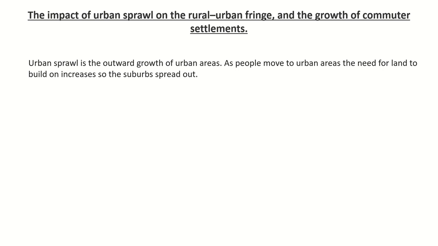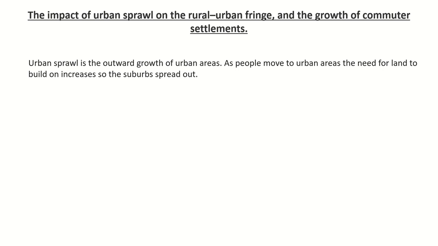The third tricky topic is the impact of urban sprawl on the rural-urban fringe and the growth of commuter settlements. Now, this is a part of the exam that always throws people. Urban sprawl is the outward growth of urban areas. As people move to urban areas, the need for land to build on increases, so the suburbs spread out.